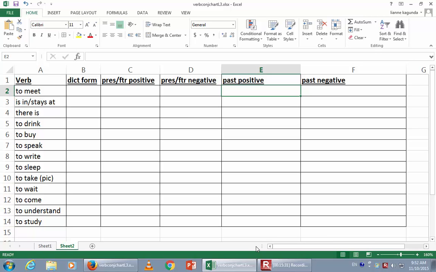Why? Because these are not active, they're passive. The book or the cat is just there. It's not doing anything. They're not really verbs of action, they're stative verbs.